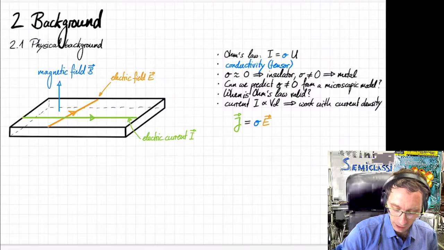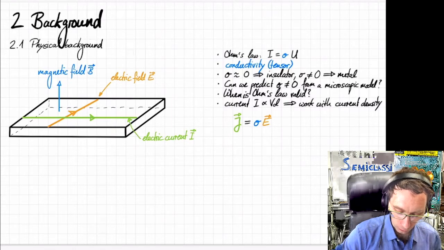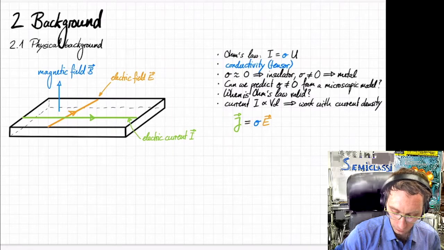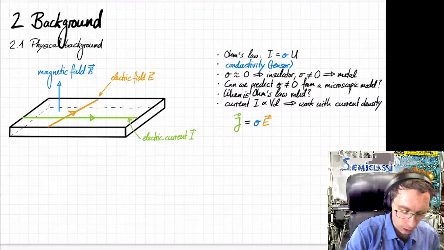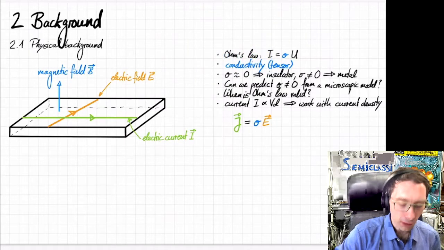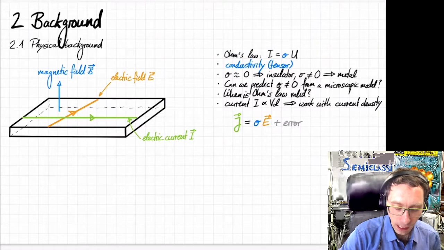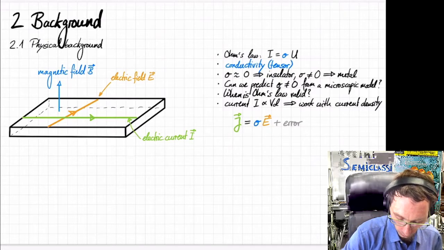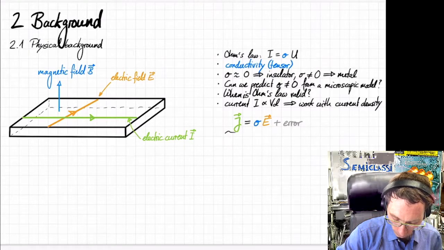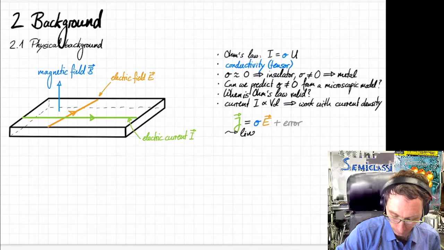So this makes sense if sigma is a tensor, or let's say a d by d matrix, because on the right you have a d by d matrix times a d vector, which gives you a d vector. And of course, in general, this is only true up to an error. So establishing equations like this is usually done with linear response theory.